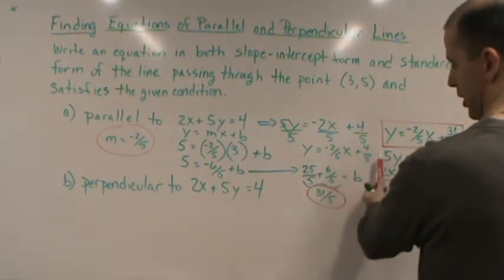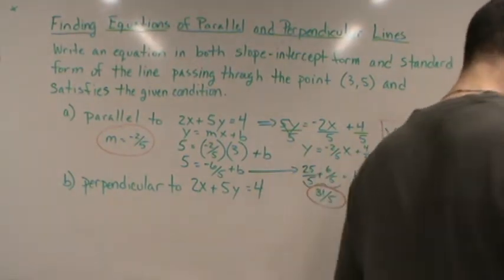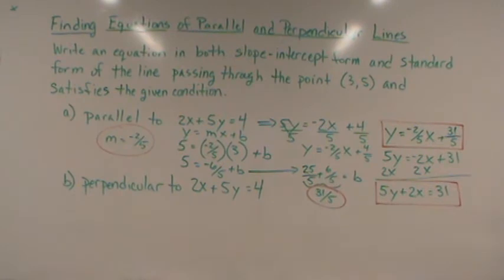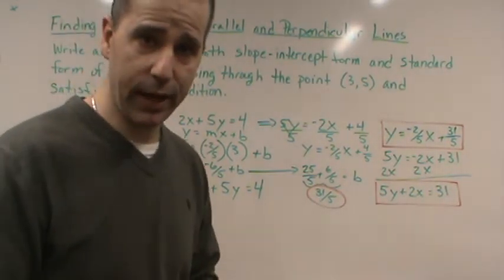So now what we're going to do is use what we know about perpendicular lines, right? So what do we know about perpendicular lines? The product of the slopes must equal -1, or they both must be negative reciprocals of each other. So let's use that to our advantage.